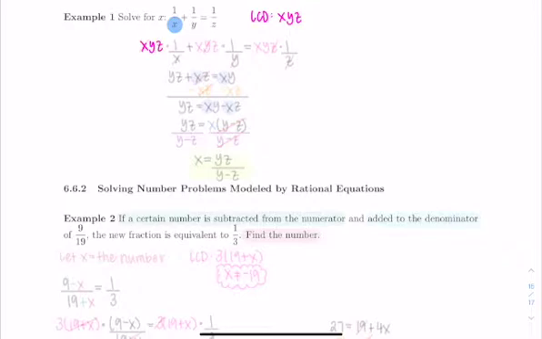We have xyz times 1 over x, xyz times 1 over y, and xyz times 1 over z.